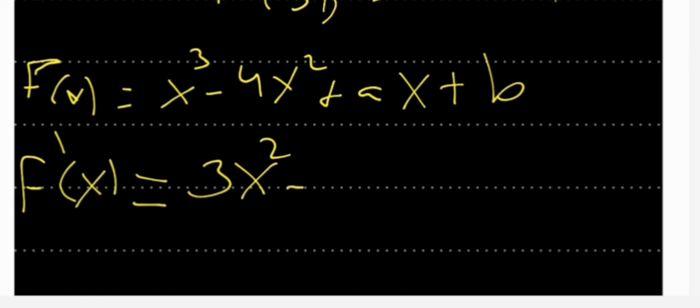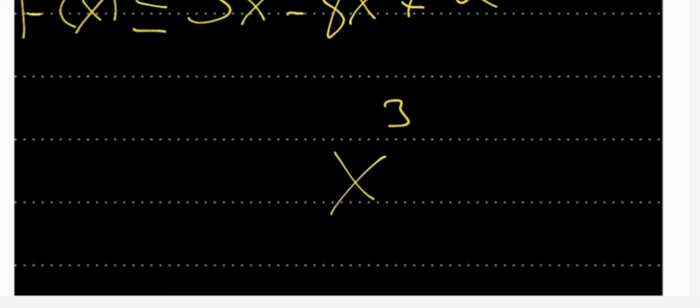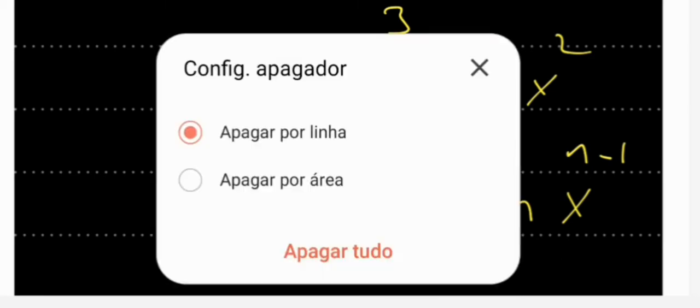So minus, the derivative of x squared is 2x, but we have a 4 multiplying, so 8x. I don't think there's a problem in me going a bit fast. So the derivative of x is 1, 1 multiplied by a is a, right? The only thing that I'm using here, like the derivative of x cubed being 3x squared, remember, is the rule of the derivative: the derivative of x to the n is n x to the n minus 1, okay? This is the rule I used for every one of them.